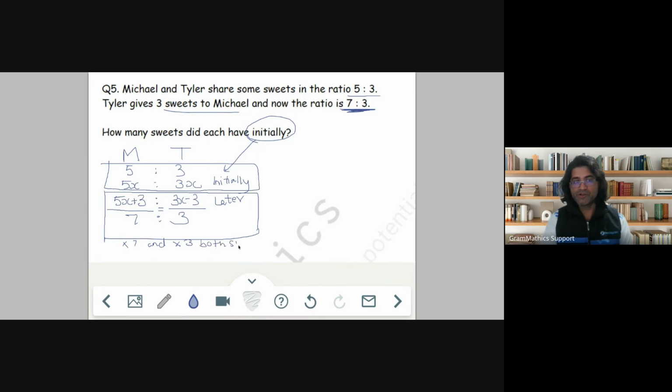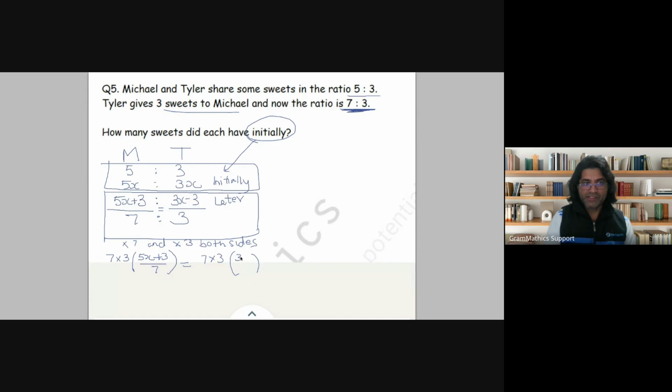So when I do that, I get 7 times 3 times (5x plus 3) divided by 7 equal to 7 times 3 times (3x minus 3) divided by 3. Yeah? Everyone okay? Am I too fast?